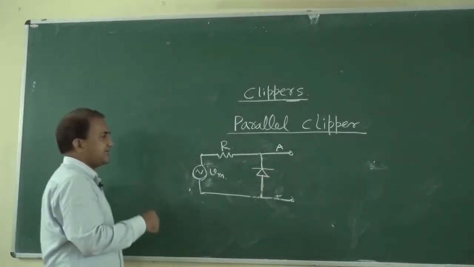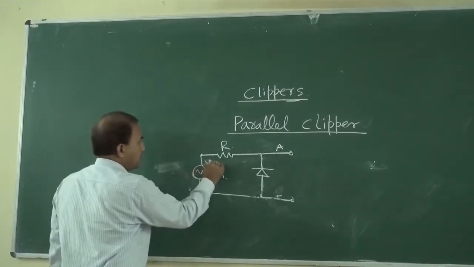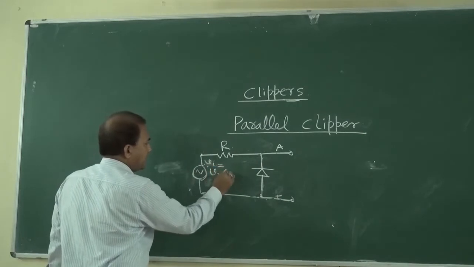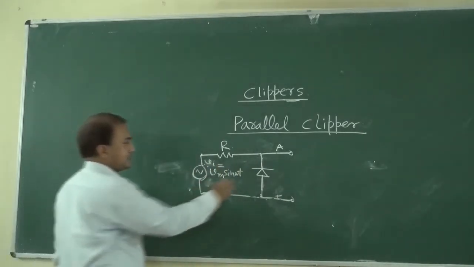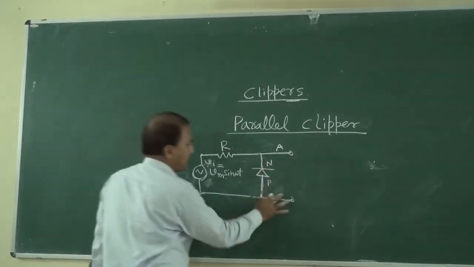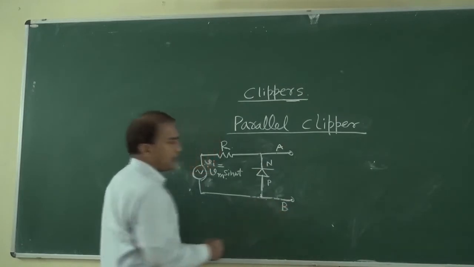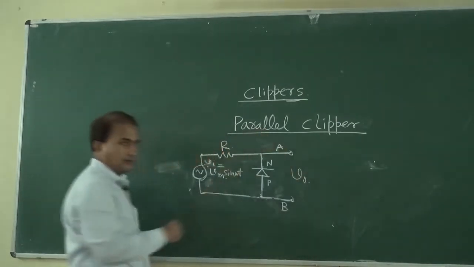The same circuit. See, this is Vi equal to Vm sine omega t, and this is the N side and this is the P side of the diode, and A and B are the two points across which we are measuring V out.